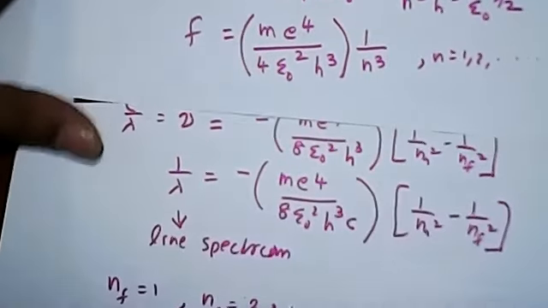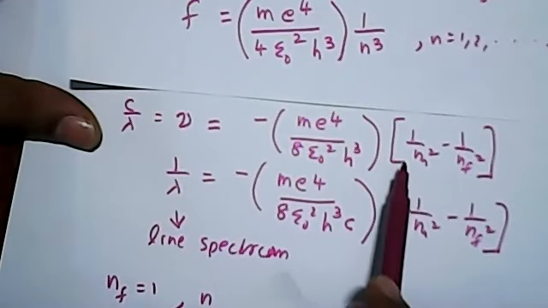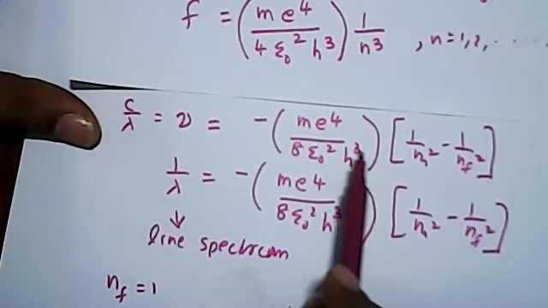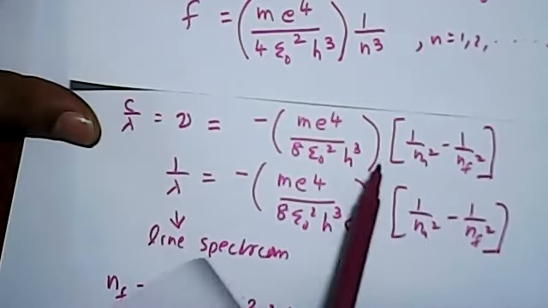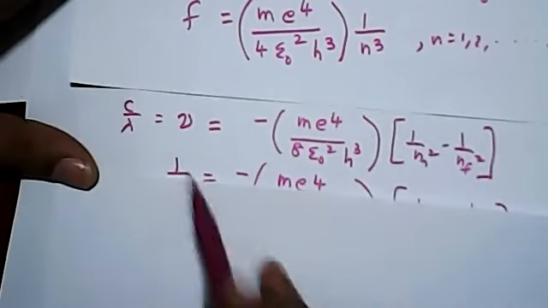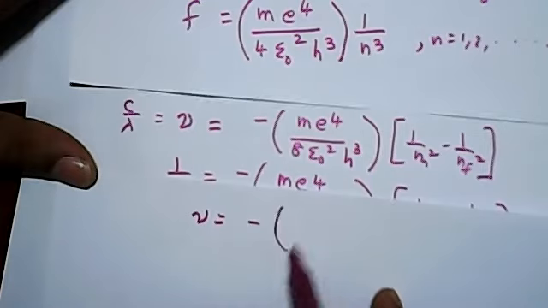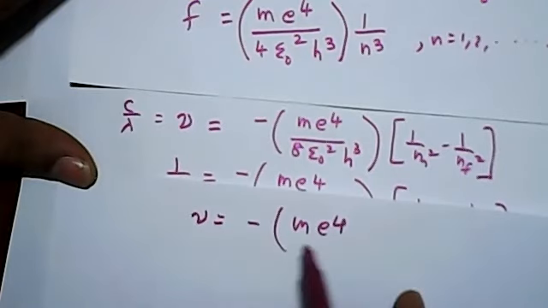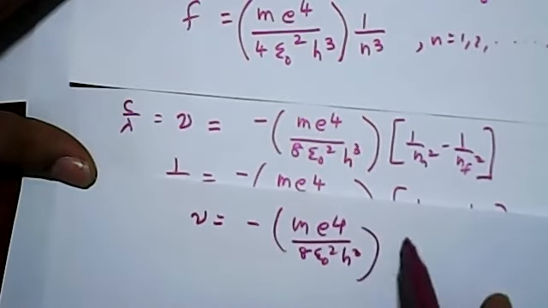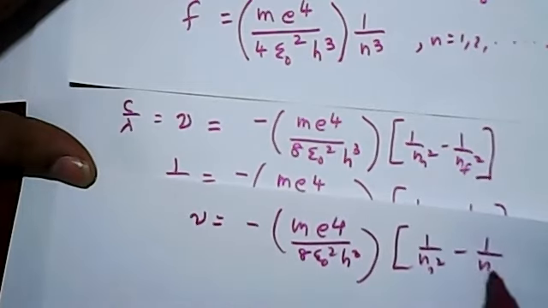Now you take this expression nu, which is the frequency emitted during a transition. Again, you consider the nth orbit, a very large quantum number. So you take this expression nu equal to minus m e to the power of 4 by 8 epsilon 0 square h cube into 1 by ni square minus 1 by nf square.